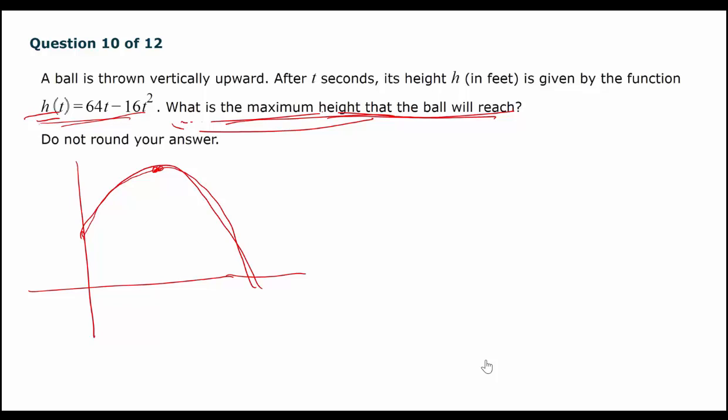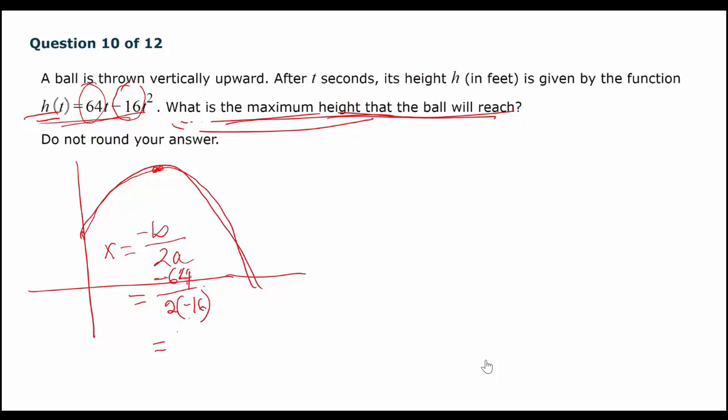So this is the function given. a is negative 16 and b is 64. First, we have to calculate the x value of the vertex, which is negative b over 2a. So that will be negative 64, that's the b given, over 2 times a, which is negative 16.